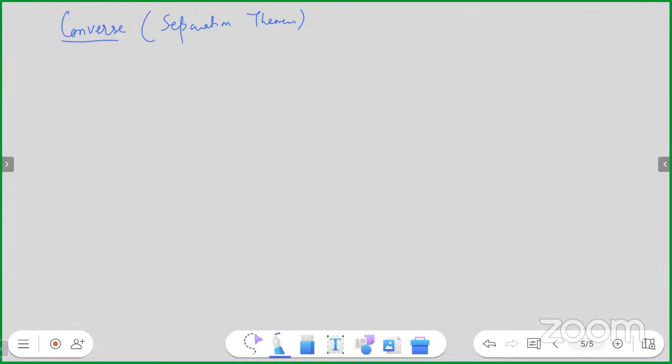If there is a hyperplane which separates two convex sets, are they disjoint? That will be a converse. Not strict separation, just separation. Just separation.